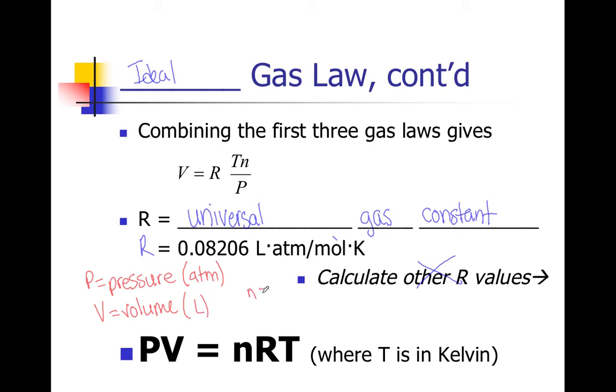N is the number of moles. Then R is the gas constant. And then T is the temperature, but it has to be in Kelvin.